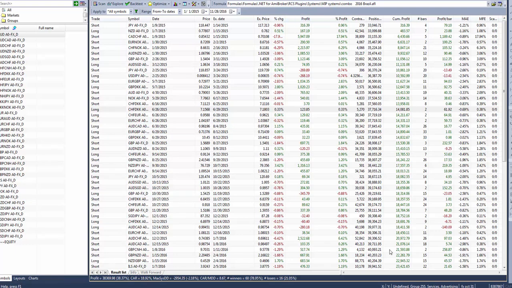Now, if you're looking at these numbers here, gee, it only made so and so much money. Well, hold on a sec, guys. What we told this software to do is use no leverage. Remember, in Forex, you can use incredible leverage. We said use no leverage and use 1/3 of the total equity in the theoretical account for each trade.